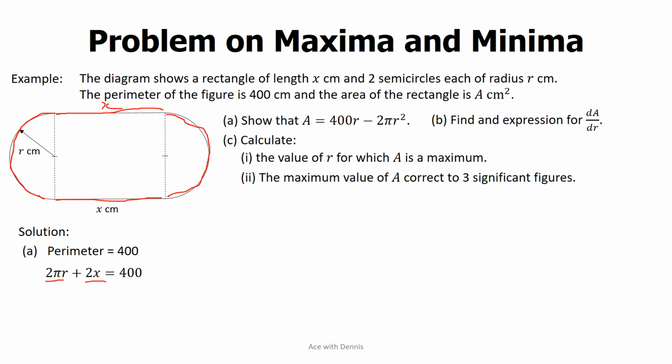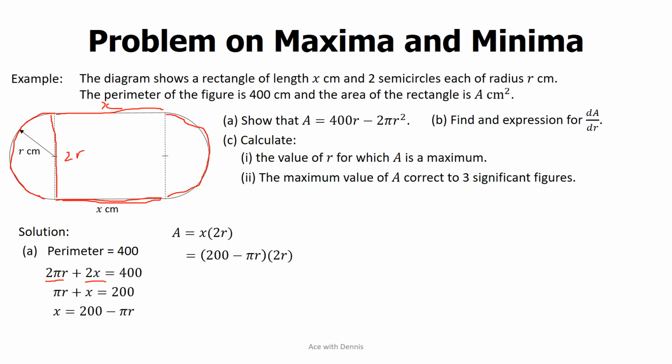equals 400. Next, we divide by 2 on both sides. We get pi r plus x equals 200. Hence, x equals 200 minus pi r. Now, we can find the area of the rectangle, which is A equals x times 2r. So this side is x, and this side will be 2r.